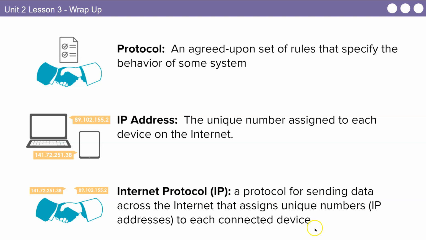So all devices have their own unique numbers, and it's what's going to identify them from one another on the internet. Now, it's not as terrifying as it sounds. Oftentimes, you would only be able to see the general location an IP address is coming from, but every device does have its own unique number. And there's an agreement that manages these, and the actual number is the IP address.